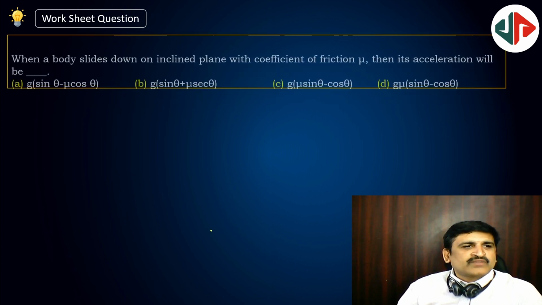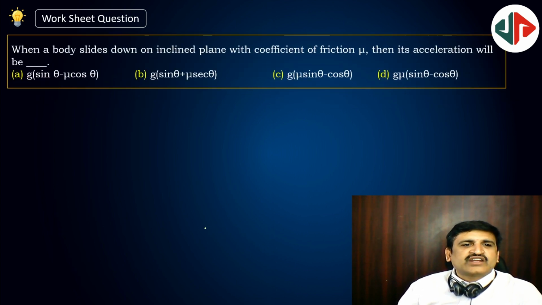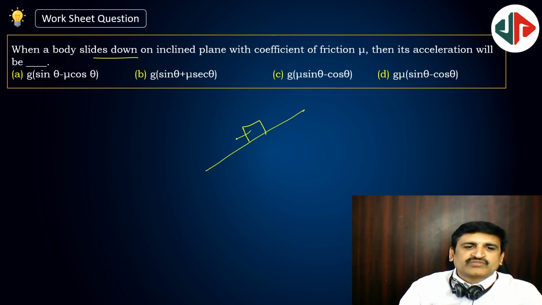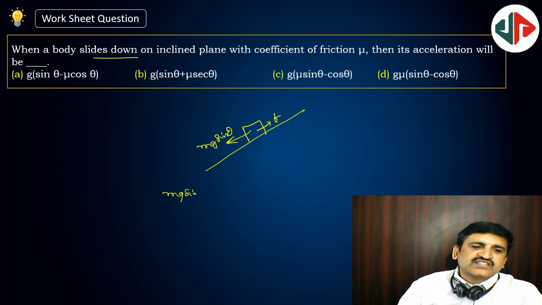Next, when a body slides down on an inclined plane with coefficient of friction mu, then its acceleration will be, for the body sliding down, downward force is mg sin theta, upward force is friction, then net force is equal to mg sin theta minus mu mg cos theta.